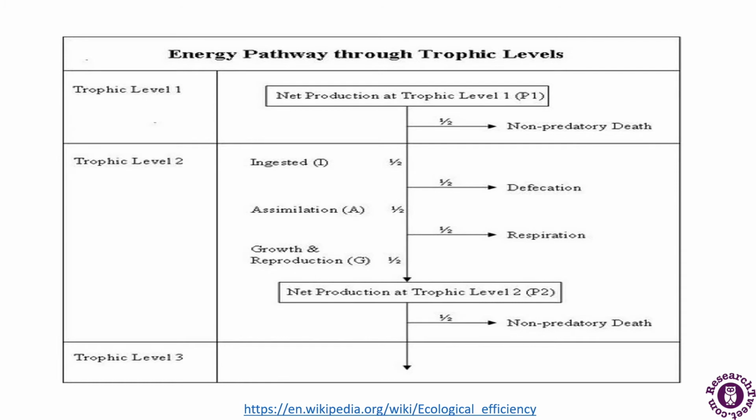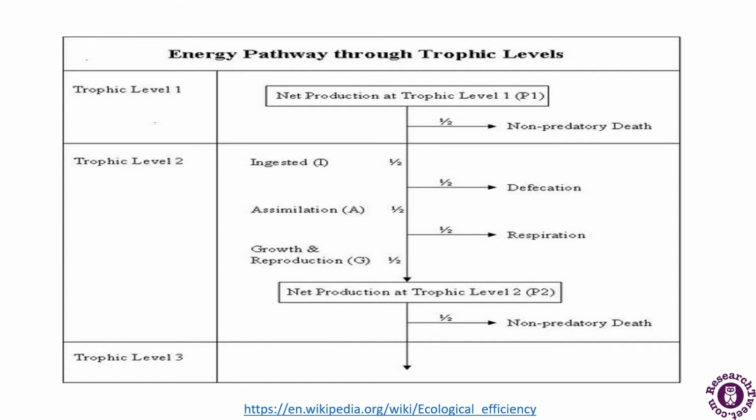Finally, one half of the remaining energy is lost to respiration, while the rest is used for growth and reproduction. This energy expended for growth and reproduction constitutes the net production of trophic level 1, which equals 500 × 1/2 × 1/2 × 1/2, which is equal to 63 units.